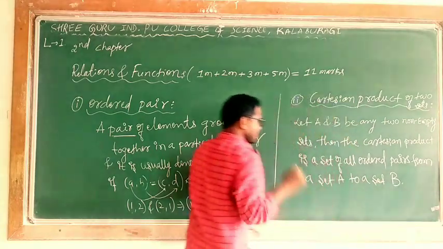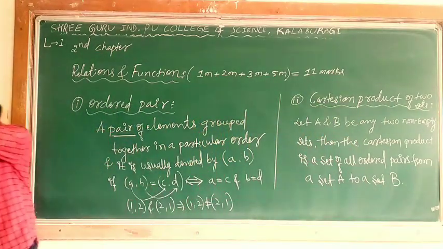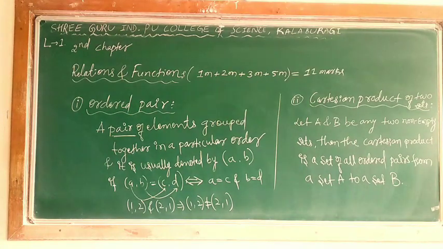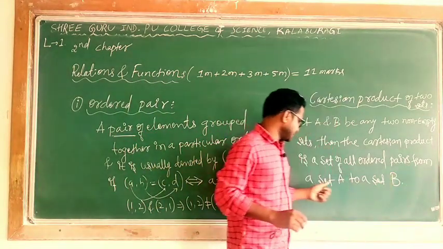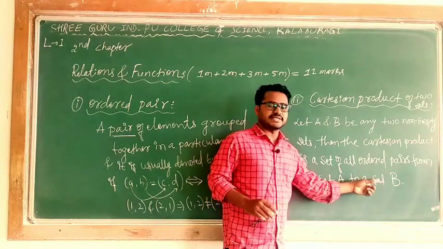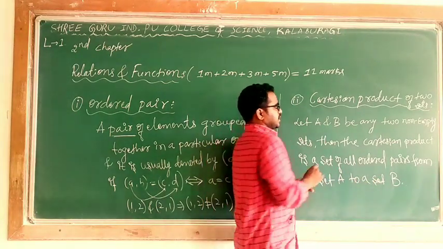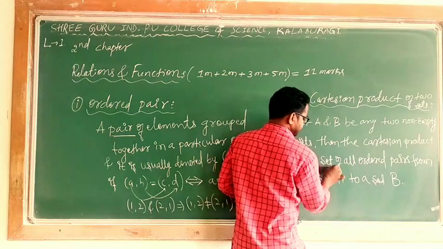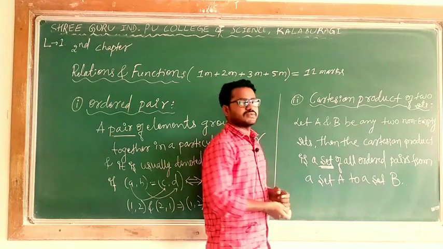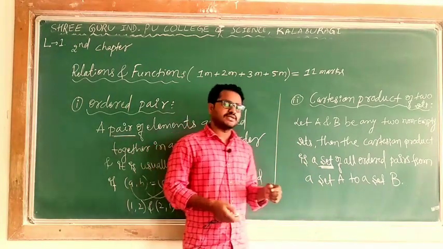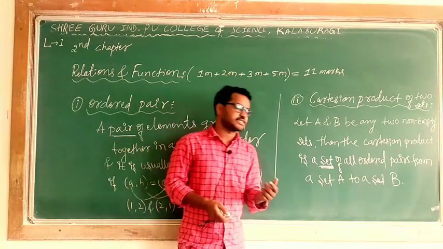When we say A and B are any two sets, the Cartesian product is a set of all ordered pairs from set A to set B. The Cartesian product is also a set. In the previous chapter I discussed what a set is: a well-defined collection of objects.